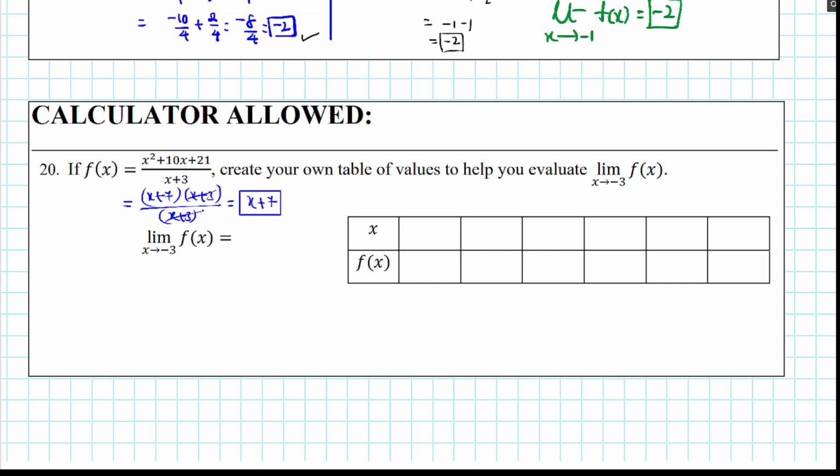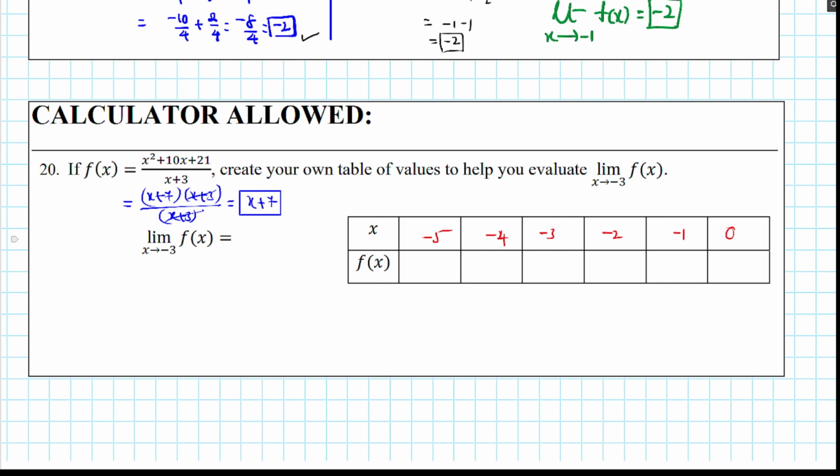Okay, so let's use some values since we need to evaluate the limit at x equal to negative 3. So let's use negative 5, negative 4, negative 3, negative 2, negative 1, 0. The output values are x plus 7, so we add 7 to the input value.